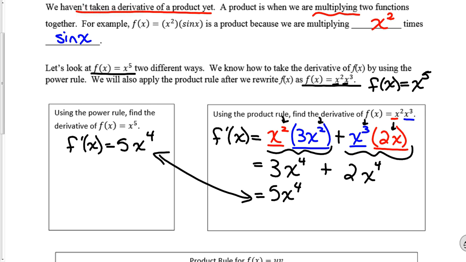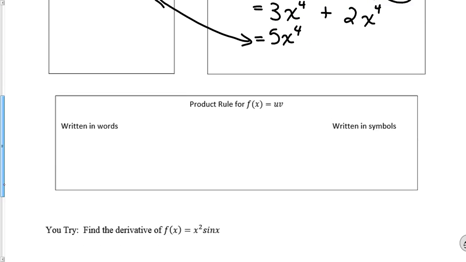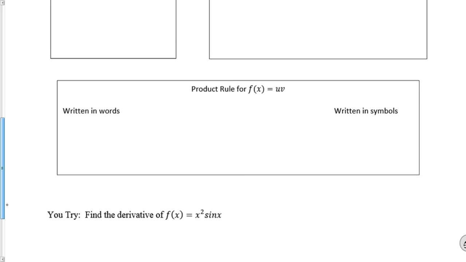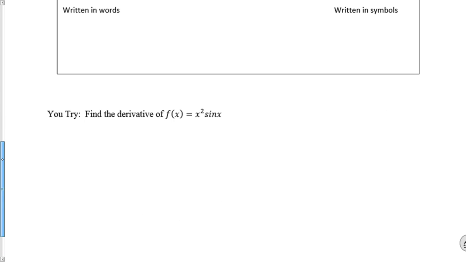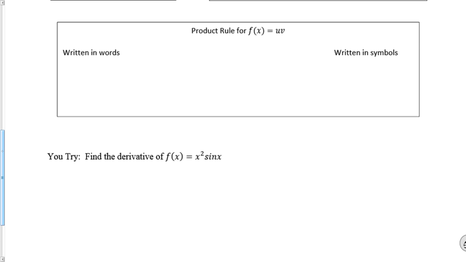I'm going to scroll down. So let's talk about what the product rule is. Scroll a little too far, sorry. So written in words, just like I had said before, I'm going to take the first function and multiply that times the derivative of the second.